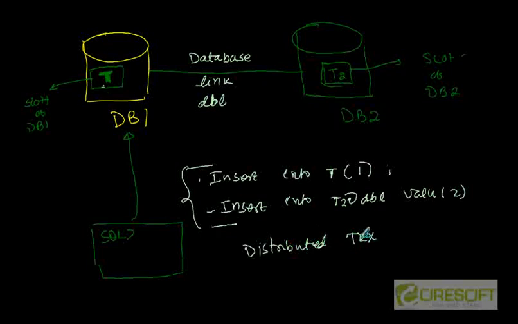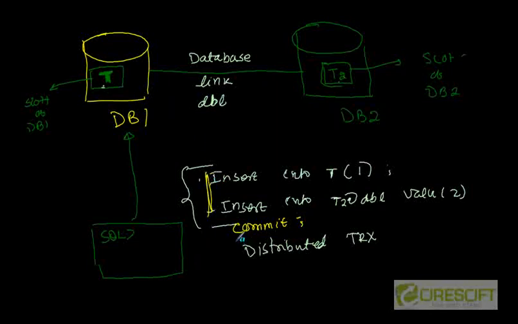Now after I insert into T and insert into table T2@dbl, if I do a commit here, the same type of commit that you do when your transaction happens in a single database, it will make sure that all these things are done.